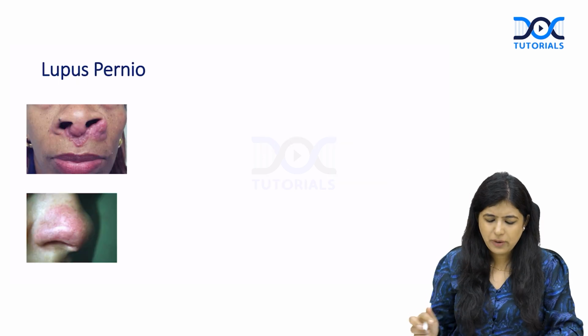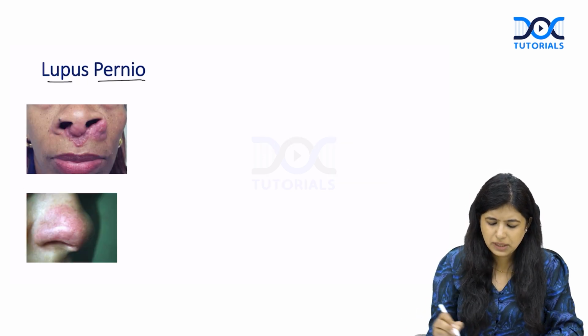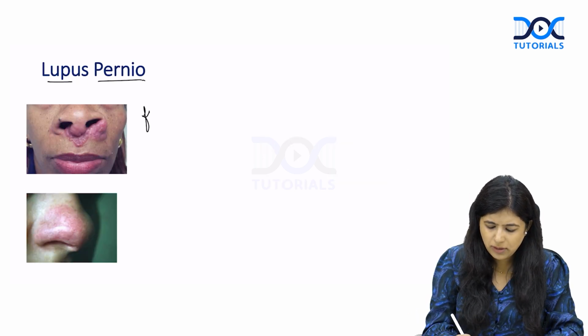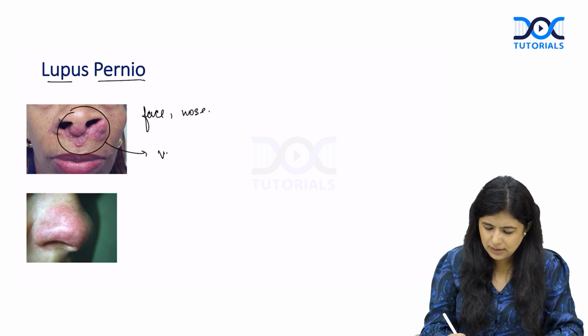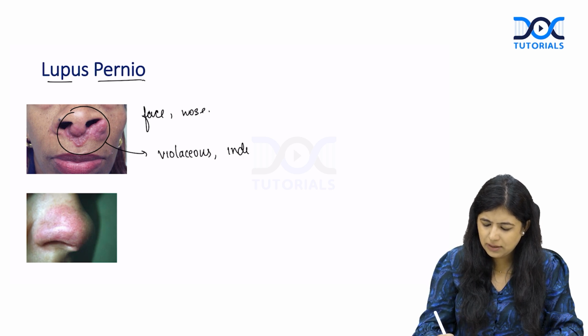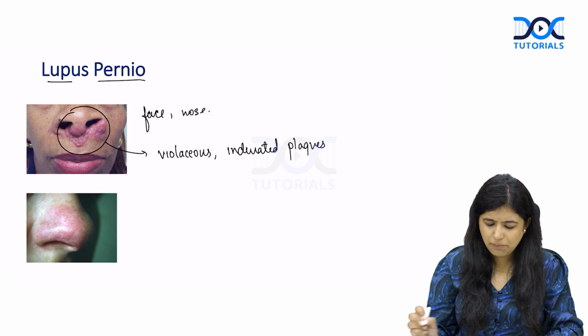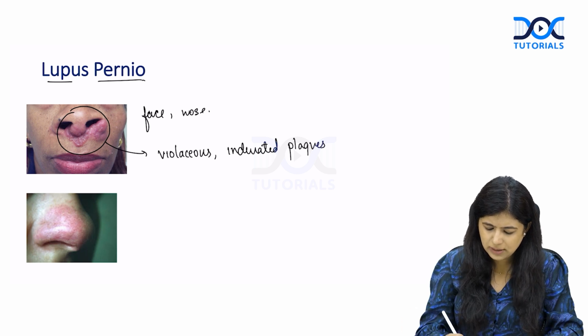Another form on the skin that you have to read is lupus pernio, which is seen on the face around the nose. What you see here are violaceous, indurated plaques. So these are purplish indurated plaques on the nose with telangiectasias on the surface.